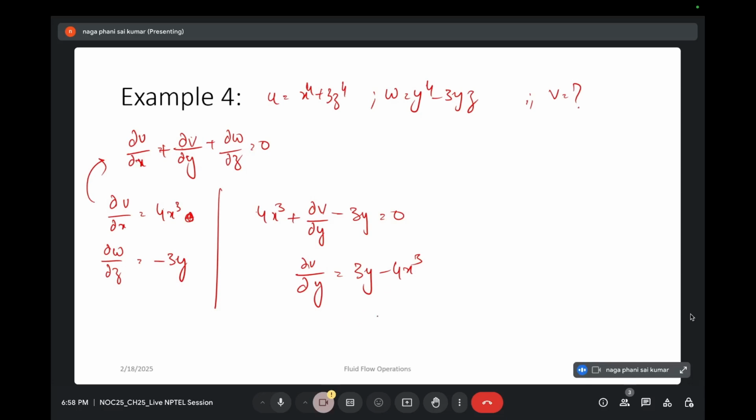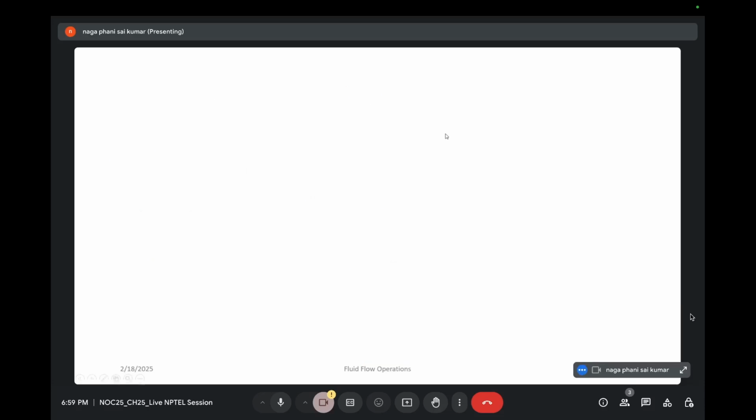If you integrate this, we'll be getting v is equal to 3/2 y² minus 4x³ into y plus constant. Again, if you are given any initial conditions, we will be able to solve for C as well.